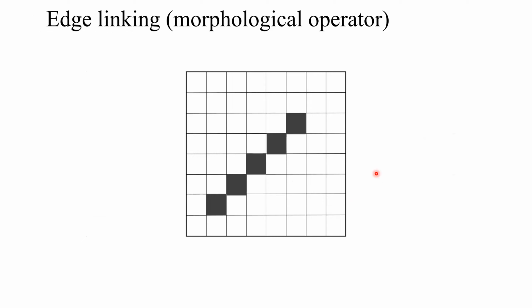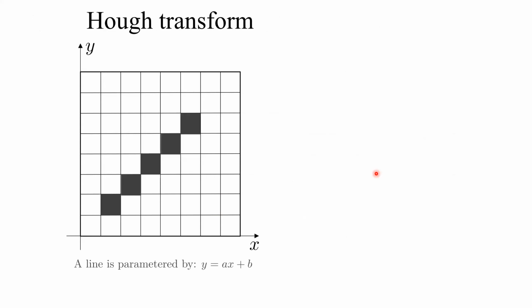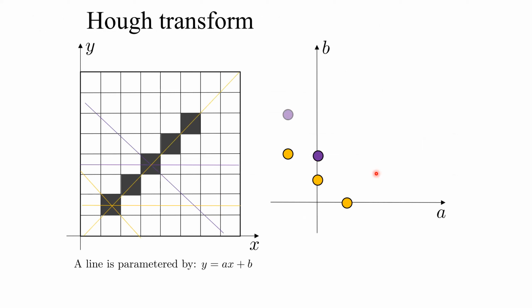Then a typical step is to perform Hough transform or edge linking to obtain your line segments. For example, you vote for each point in your parameter space, and enough votes will give you a line segment.